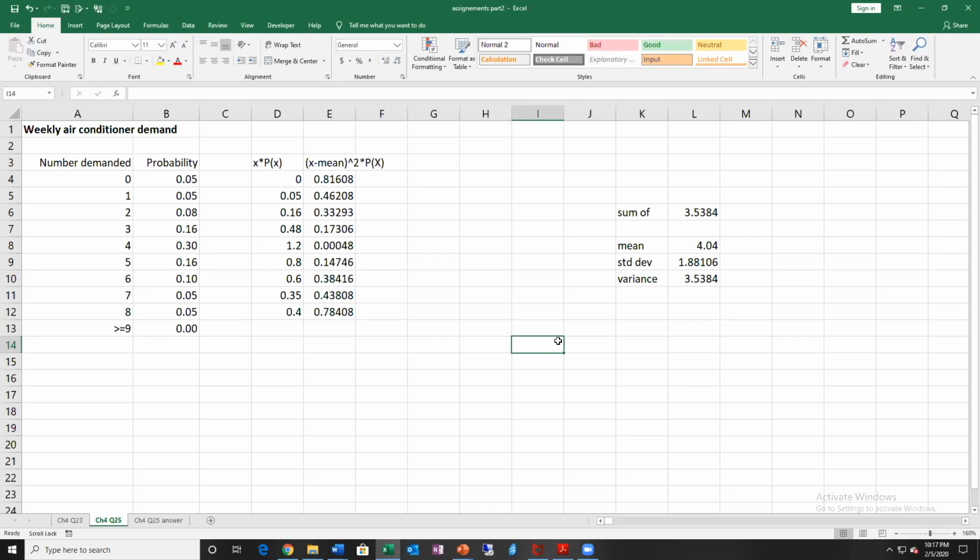No. What's the most likely number demanded in this example? It looked like 4. 4, right? Look at what your mean was. Oh, it's 4. So that's the average. Exactly, because you're taking the number demanded times the probability of that occurring, and adding them together, and you will get the mean of a discrete probability distribution.